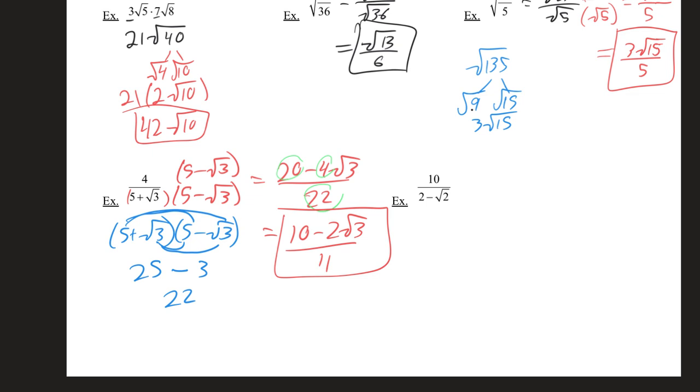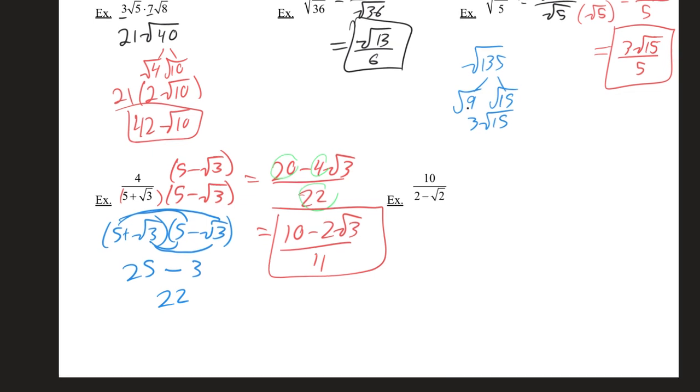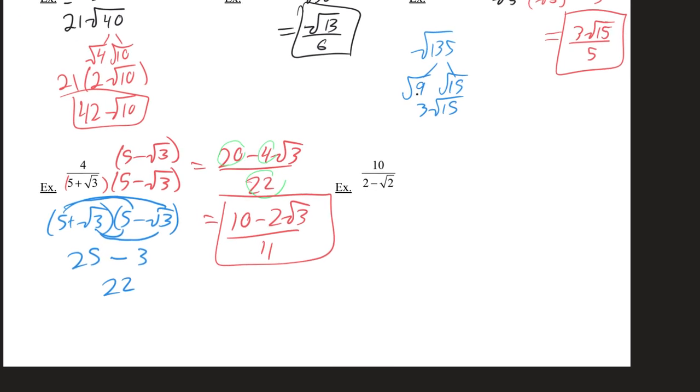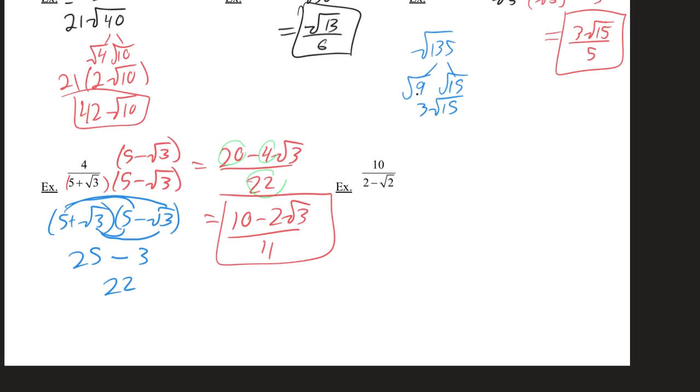Okay. And then last one on here, and then we'll skip a few on the back. So I'm going to multiply by the conjugate of 2 minus the square root of 2. So that's 2 plus the square root of 2 on top and bottom.